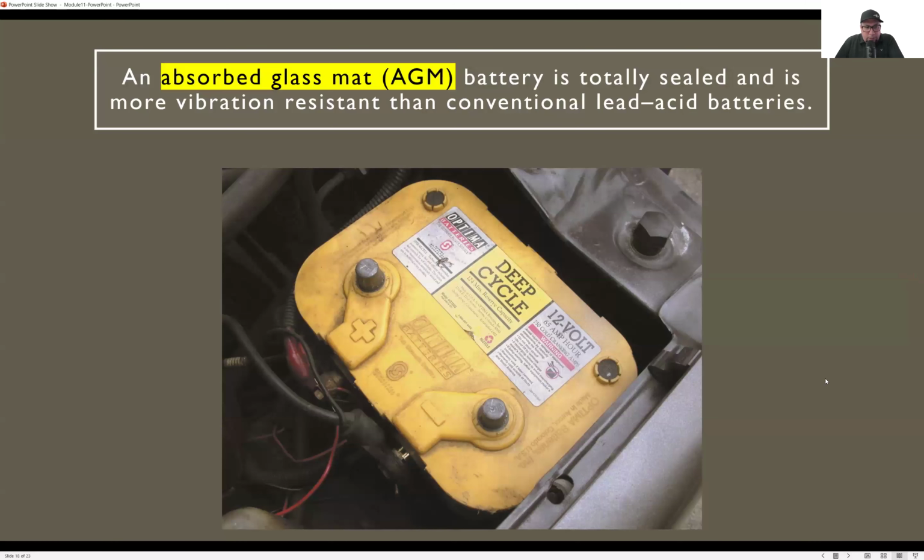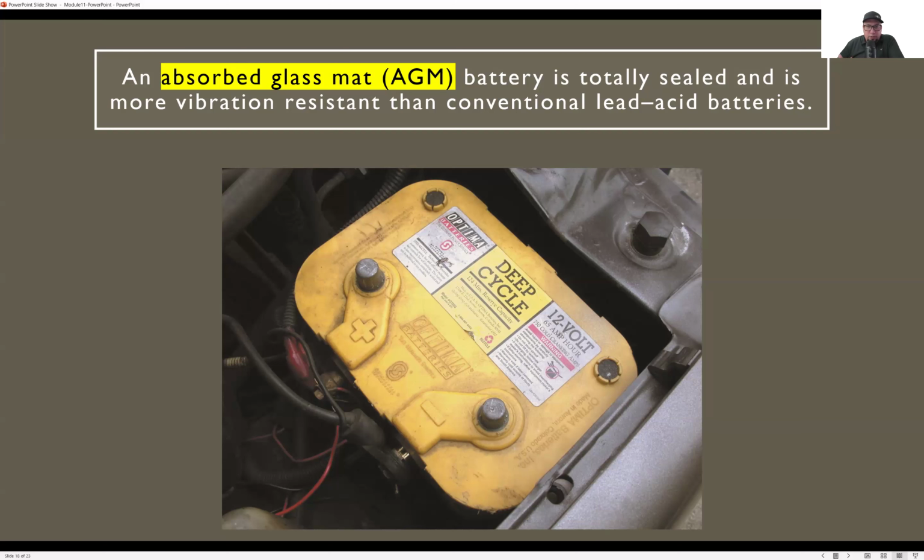Now, there are new types of batteries, the AGM batteries, which stands for absorbent glass mat. So instead of having our traditional water that is inside of the battery that kind of sloshes around, and some batteries you can add water as it evaporates over time, our deep cycle absorbent glass mat batteries, AGMs, are completely sealed, and instead of using a liquid electrolyte inside, they use a gel-like material, I should say.